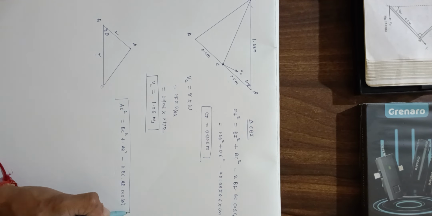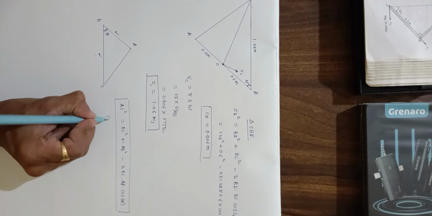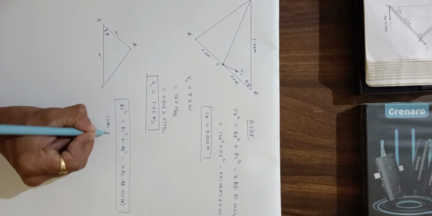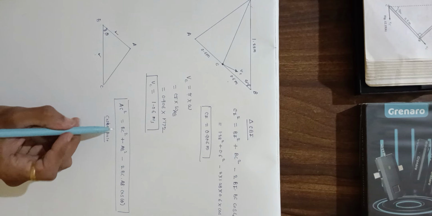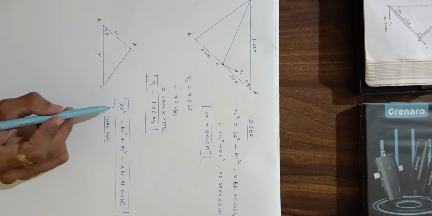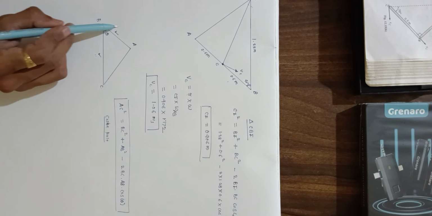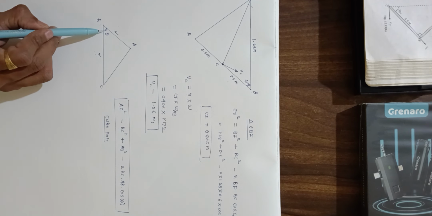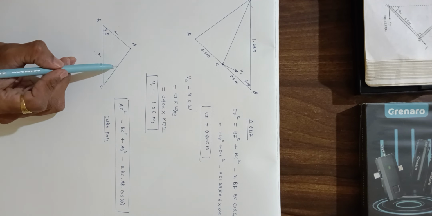This is the cosine rule. By using this cosine rule we can find the unknown side. The only requirement is that two sides must be known and the angle between these two sides must be given. Then we can find the remaining unknown.